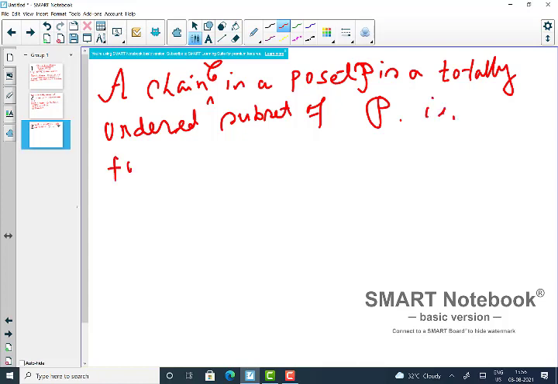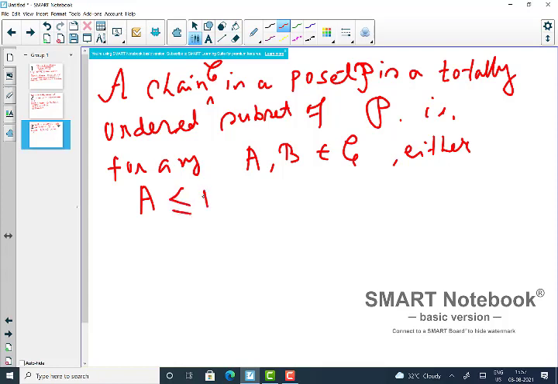for any A and B belonging to this chain C, we have either A less than or equal to B, or B less than or equal to A. I don't know what the relation is, so I write this symbol.